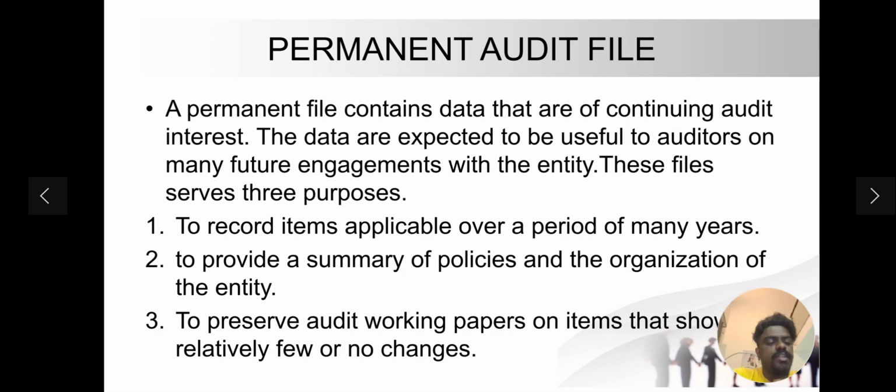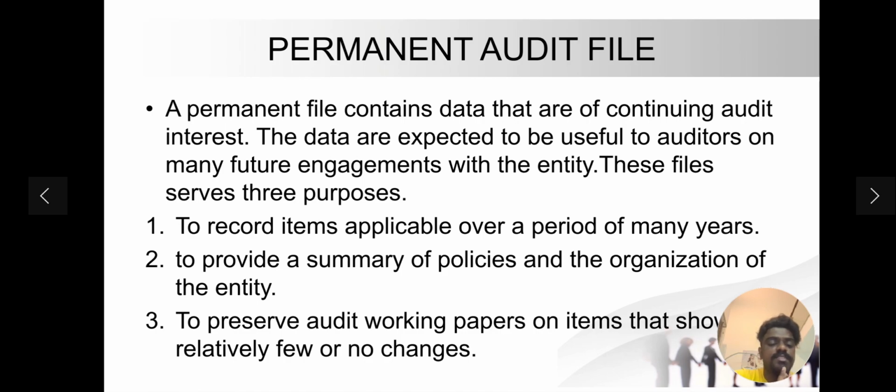Okay, in audit files there is much information gathered during the first year of engagement, especially during the understanding stage of the entity. So there are many items included in the permanent file.